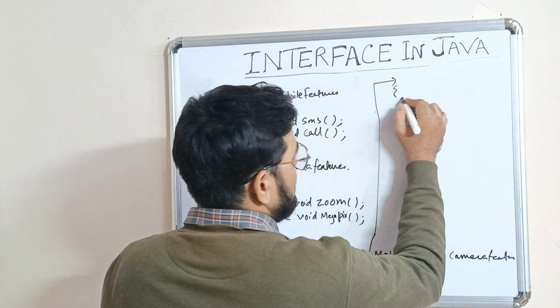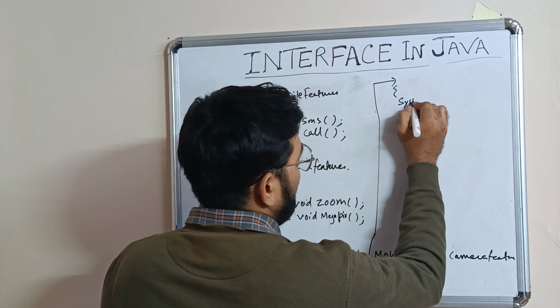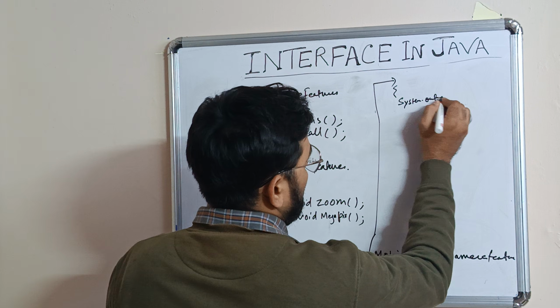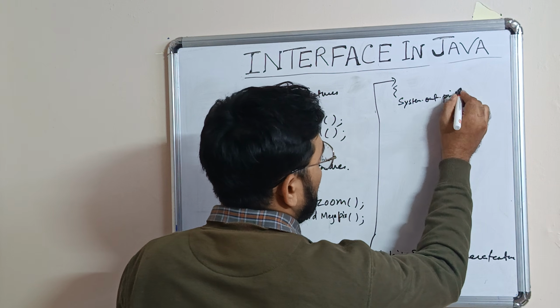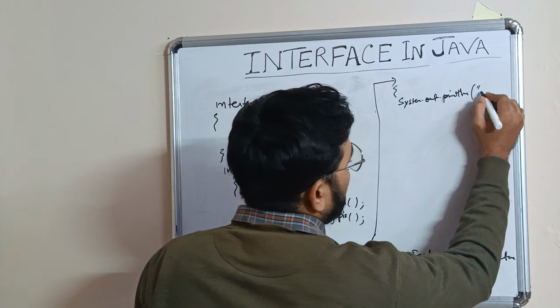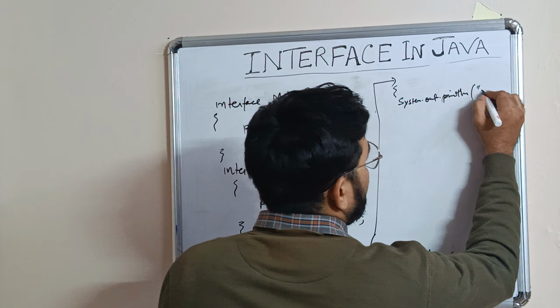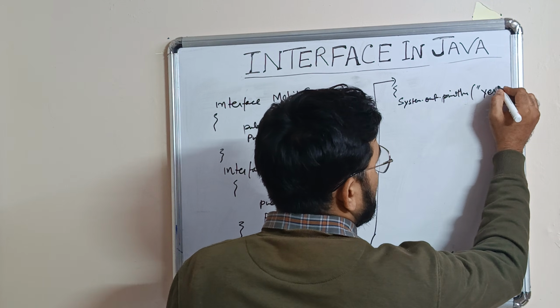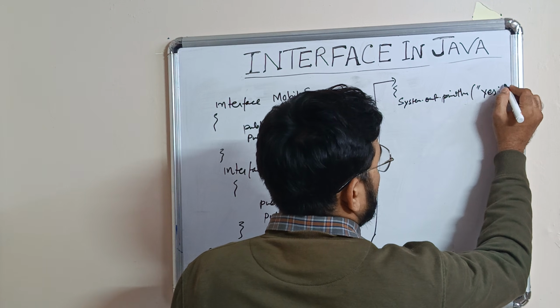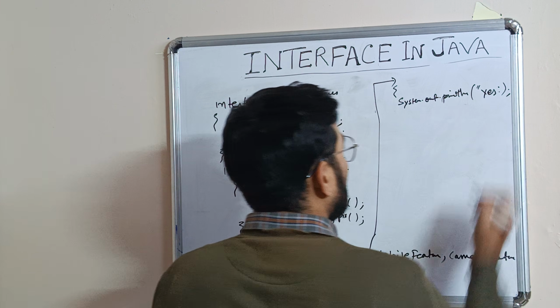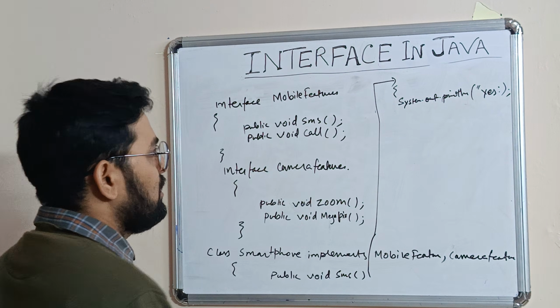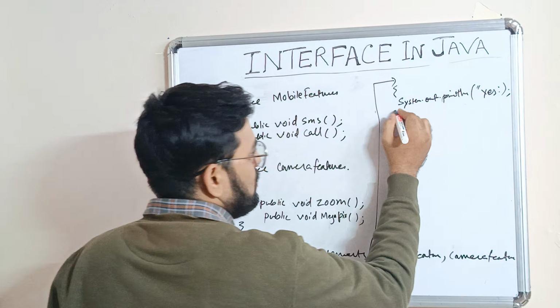You can print with System.out.println, anything you can print. For example, the SMS facility is acceptable. This could be printed. Then the closing brace.